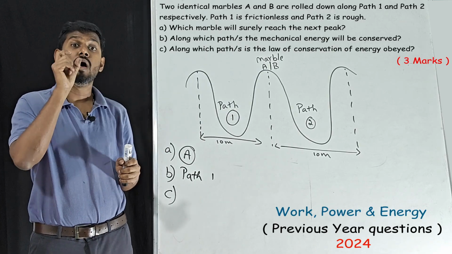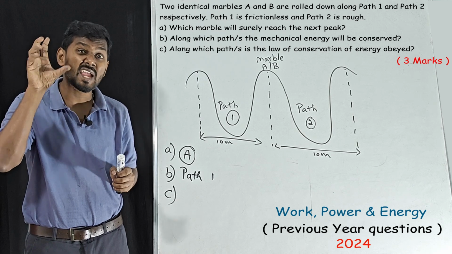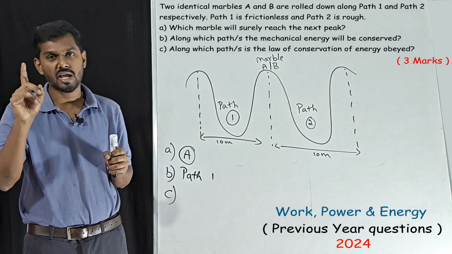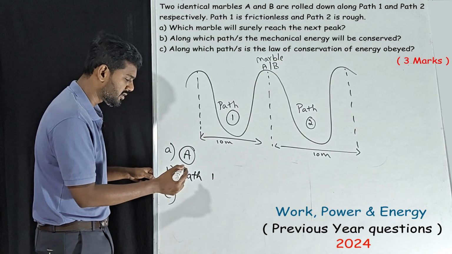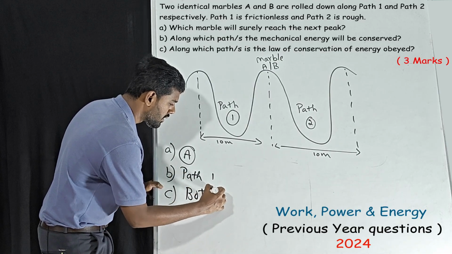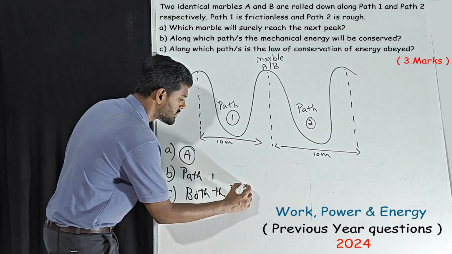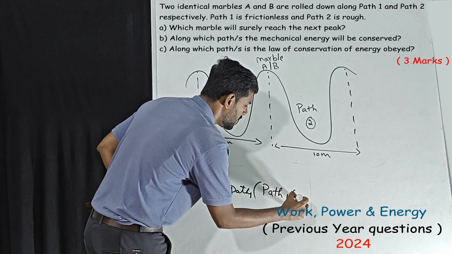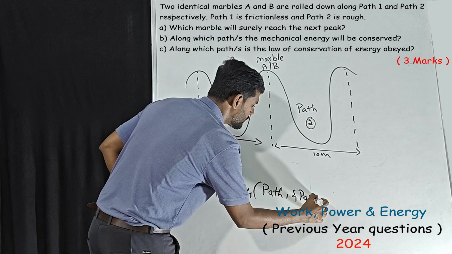But the law of conservation of only mechanical energy works only in a frictionless medium. So the answer for sub question C is both the paths, or you can write it as path 1 and path 2.